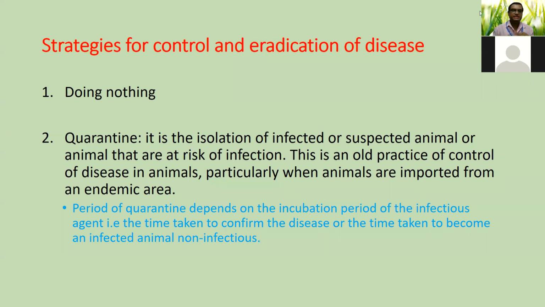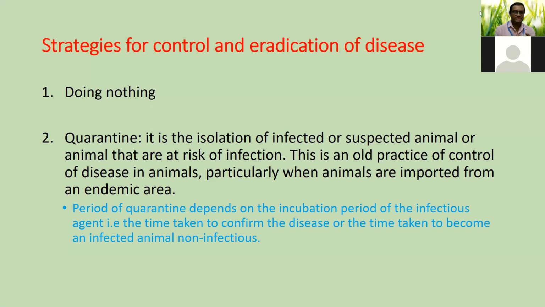But yes, in nature, the host and the agent may undergo certain changes that may lead to control of a disease or prevention of a disease in the susceptible population. By going through certain changes in the pathogen itself or in the host itself, they develop resistance against a disease. So, without any interference from human beings, the disease can also be controlled naturally.